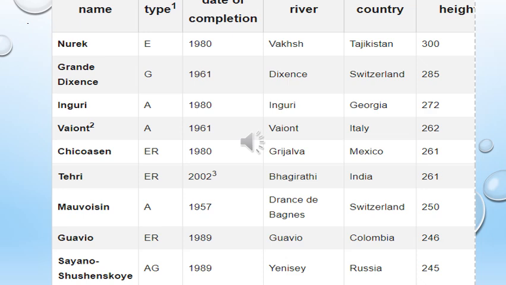This is an earth and rock fill dam, completed in 2002 on the Bhagirathi river, with a height of 261. So, these are some different types of dams on different rivers with different heights.